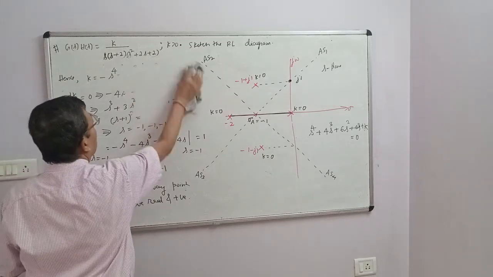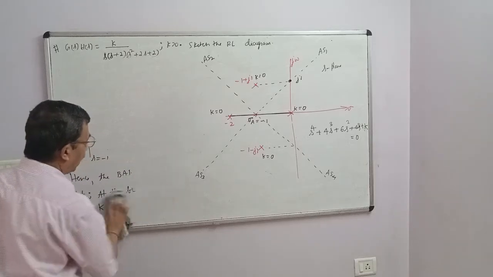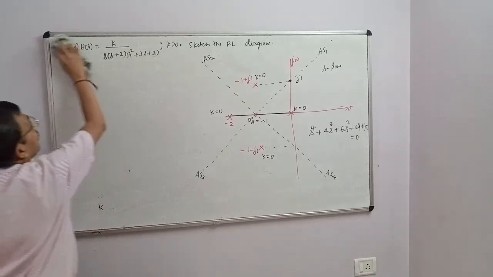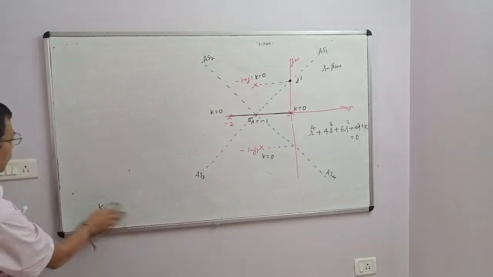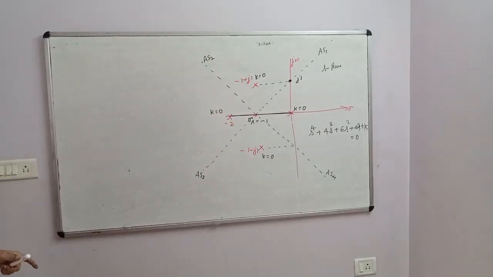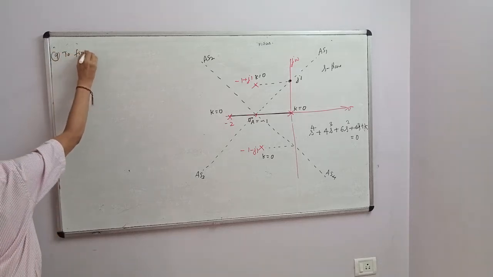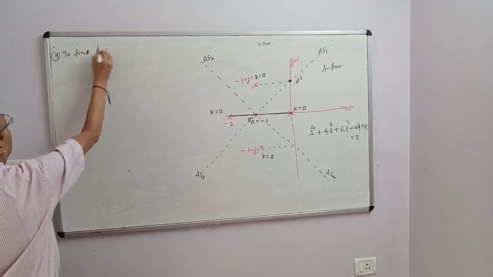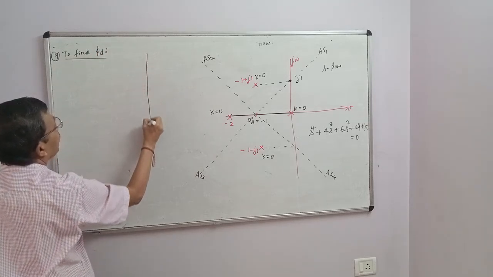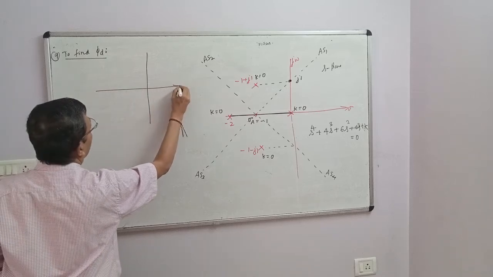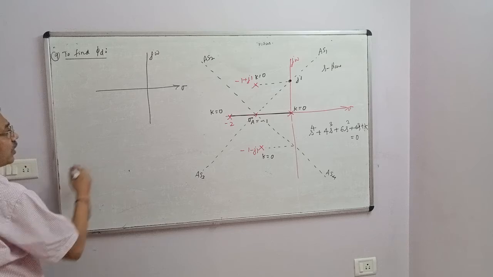Next, we have got complex poles. Complex poles means we have to find the angle of departure. To find phi d, angle of departure, make the pole-zero diagram. The s plane is a complex plane with real axis sigma and imaginary axis j omega.